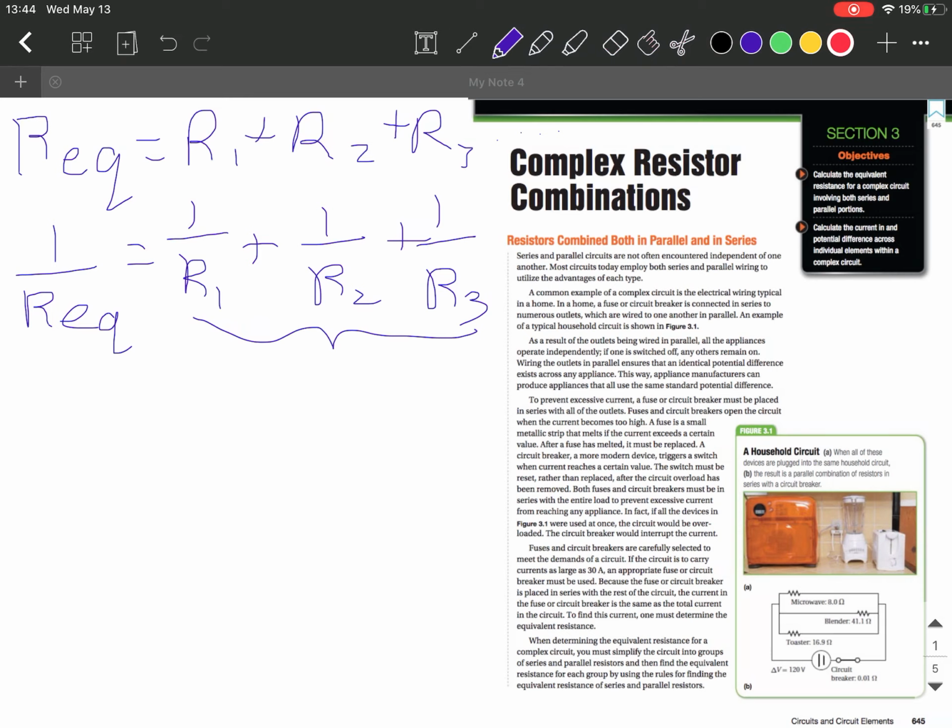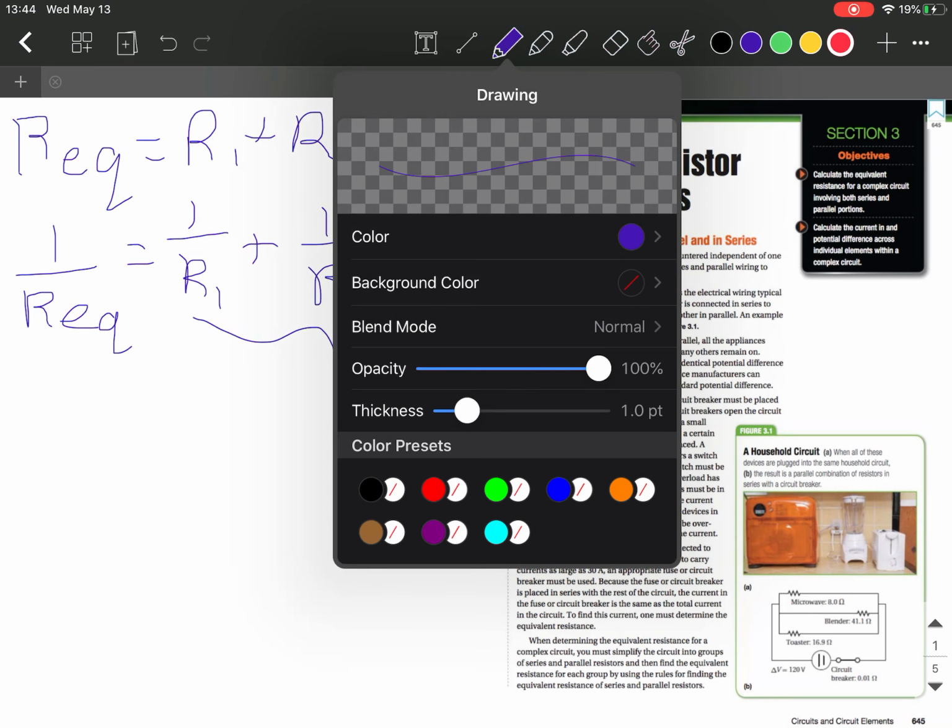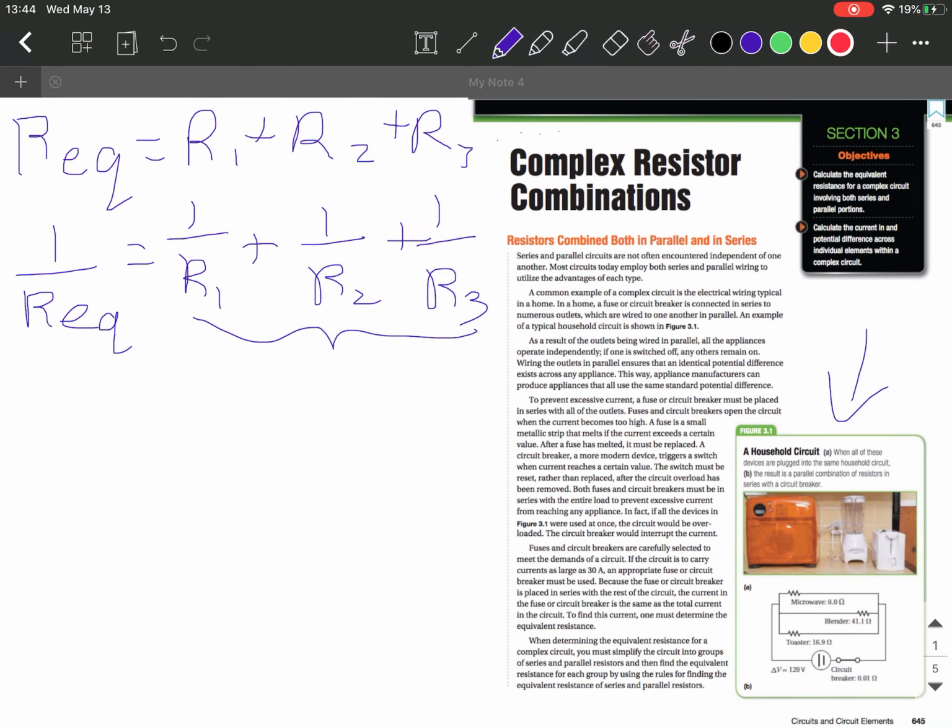That's the example. Everybody, you have to have your book open to page 645. That's where we're going to start off today. Down here, you have a microwave oven. That's a very old-fashioned looking microwave oven right there. You have a blender and you have a toaster, okay?